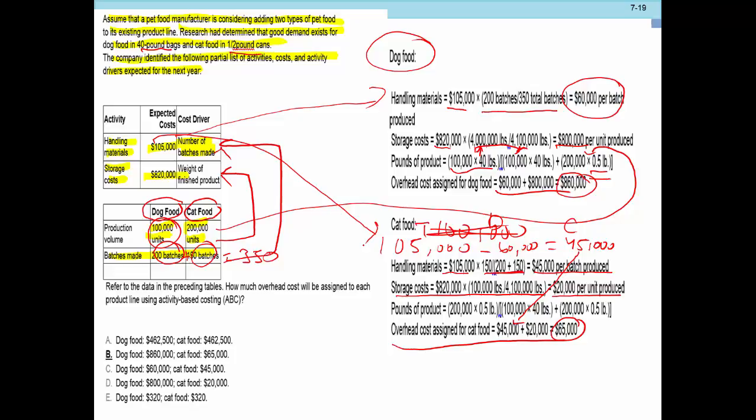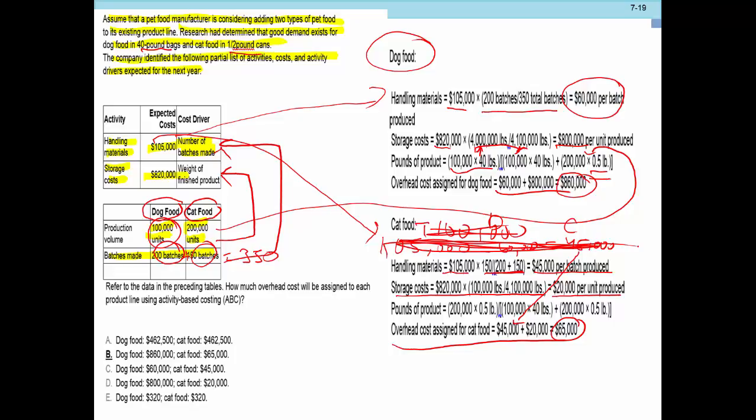We have handling, we have storage, right? Okay, forget this. I was just trying to show you another way to come up with the answer, but if that's confusing you, just forget it and just do it this way. So it's 45,000 for the handling, allocating it the way we did, and it's 20,000 for the storage, calculating the way we did. 45,000 plus 20,000 is 65,000. And if that confuses you, just don't look at that.